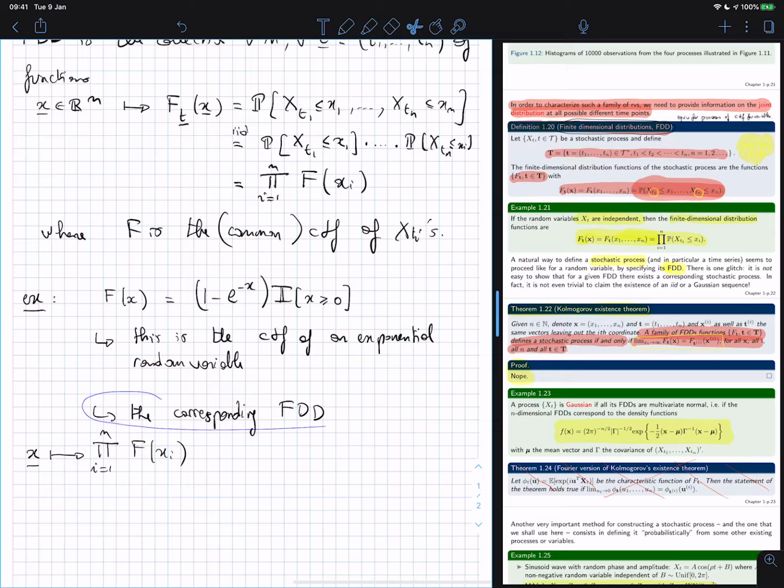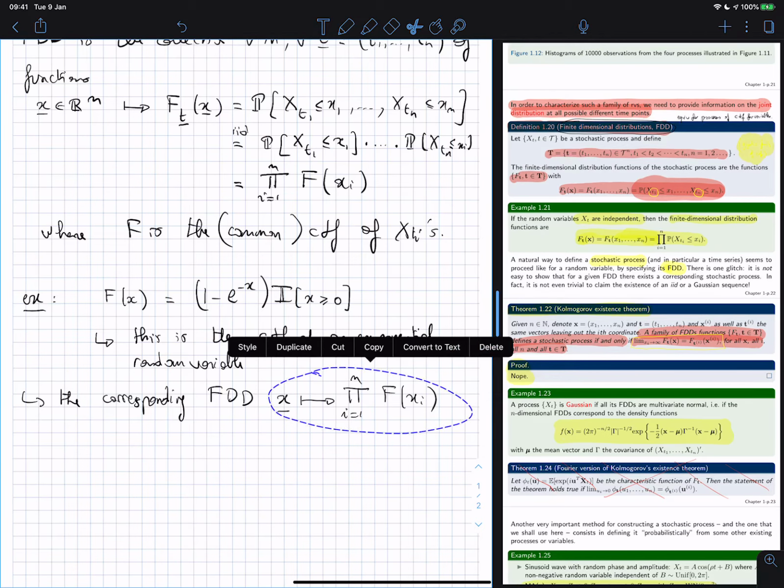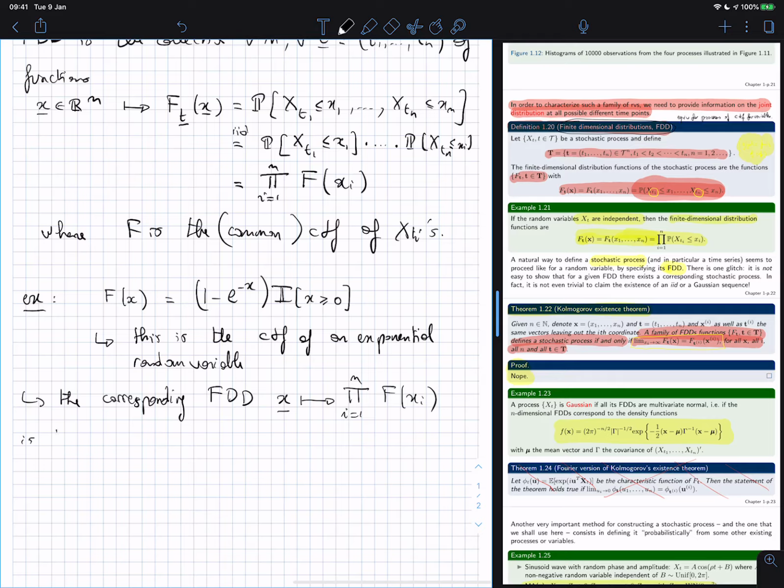The corresponding FDD is the FDD of the sequence X_t, t in Z, which would be IID exponential with parameter 1.